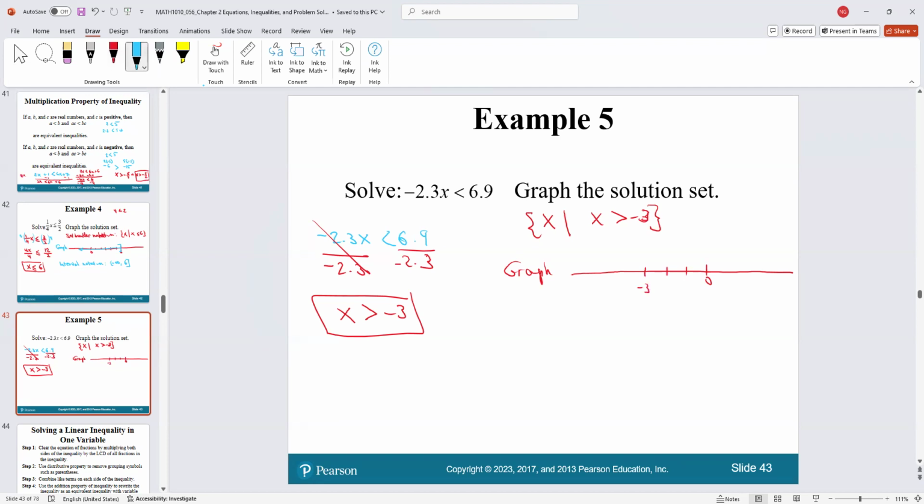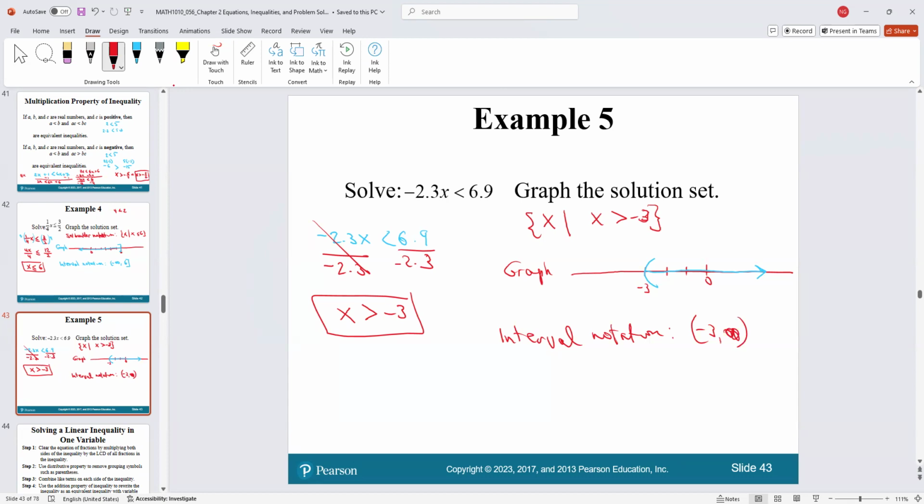So x must be greater, because it's simply greater than, we're going to use parentheses. And then we can also use interval notation. They don't ask for it, but we're going to put it in interval notation: (-3, ∞). Again, on infinity, we always put parentheses.